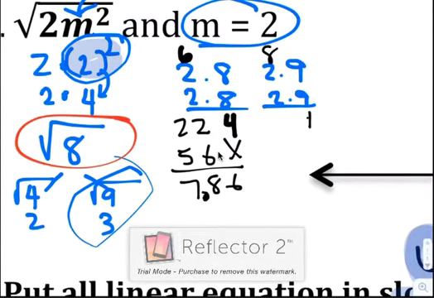This is only 0.14 away from 8, while the other is 0.14 away. So the answer to this one is 2.8.